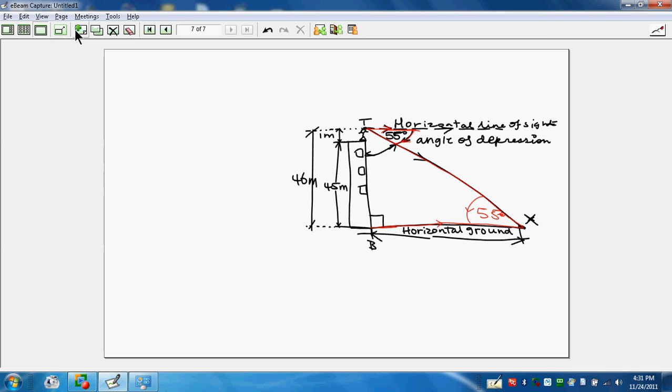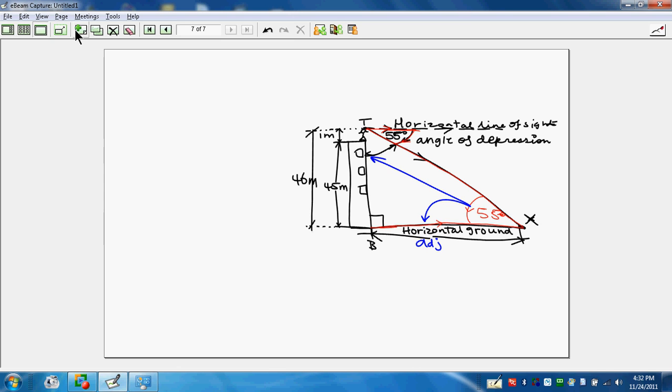So what we'd do, we'd say relative to this angle, this 55 here, this side that we want to find is adjacent. Okay? And what are we given? In that triangle TBX, what are we given? We are given, or we know, that side there, where the entire length, or height, sorry, is 46 meters.